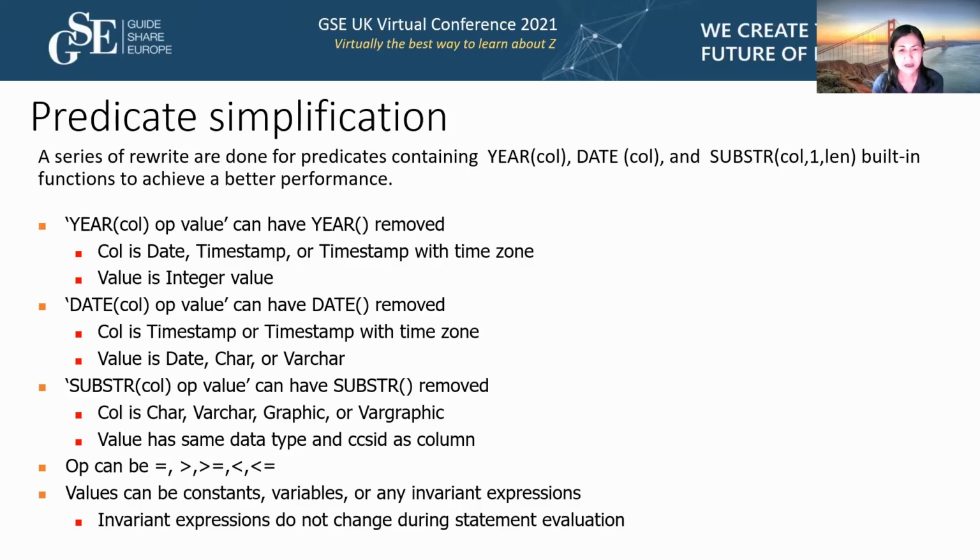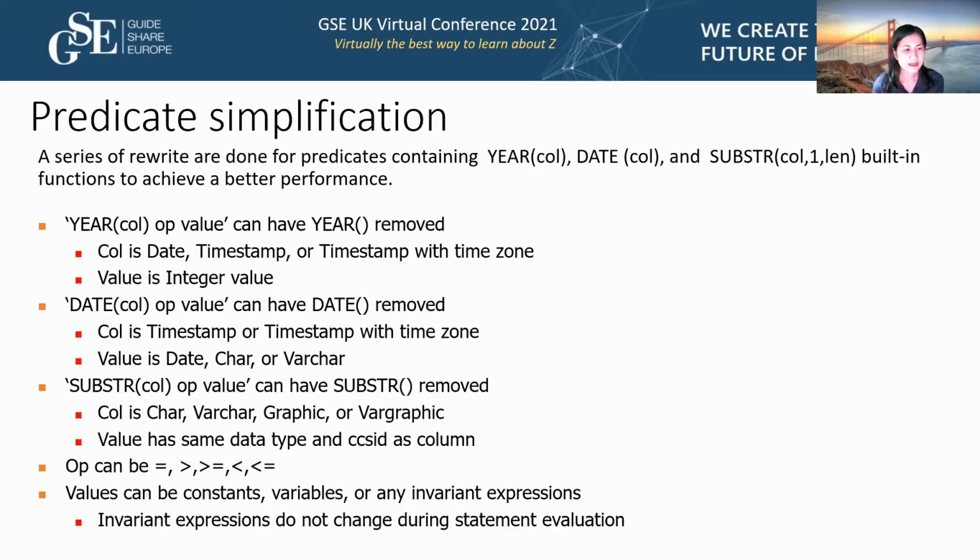These built-in functions could be removed from the predicate for better performance. In the case of the YEAR built-in function, if the input argument of the YEAR built-in function is a date, timestamp, or timestamp with time zone, and the value is an integer, the predicate can have the YEAR built-in function removed.